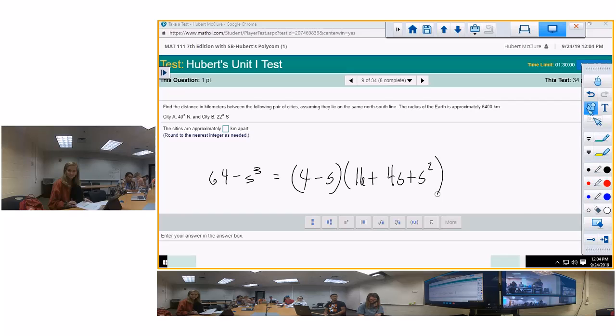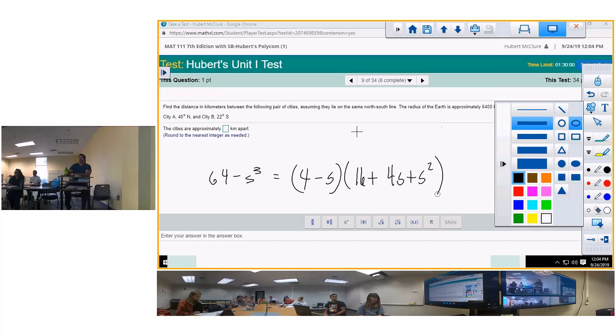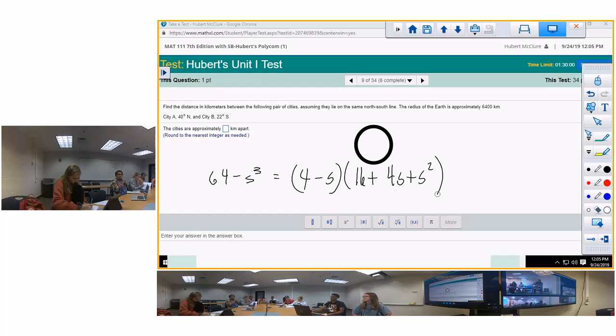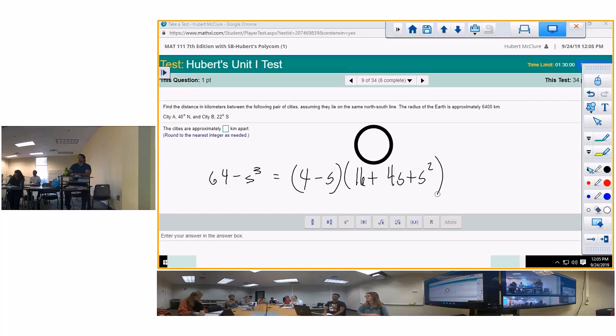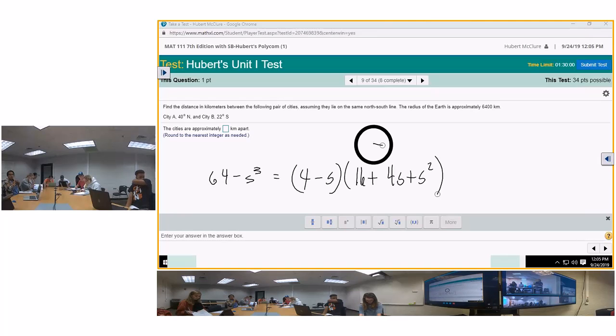Actually, the Earth is an ellipsoid, but we're not going to worry about that. So you put a dot right there in the middle, and the radius is 6,400.